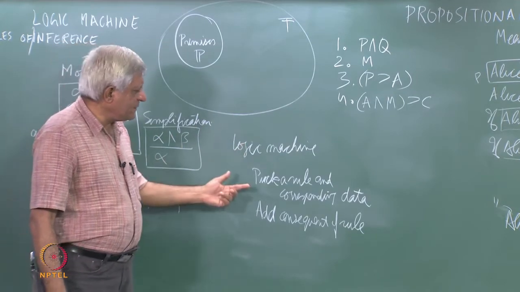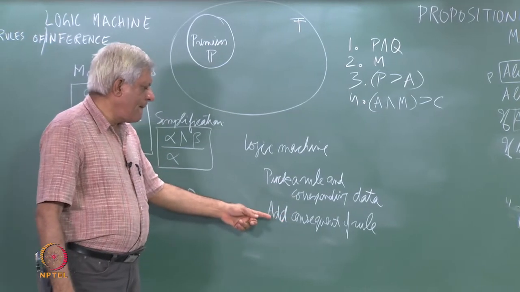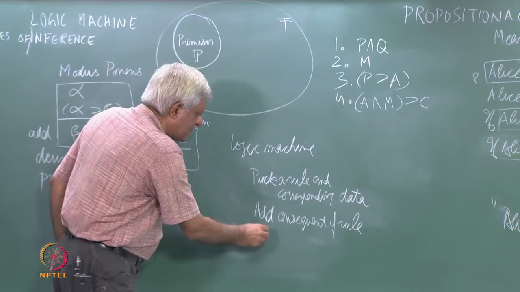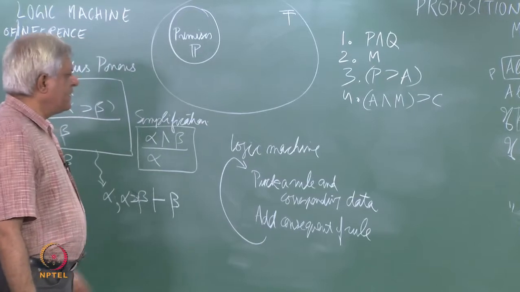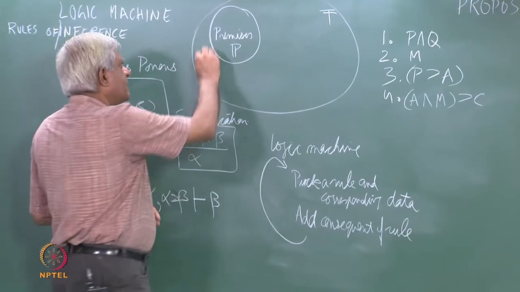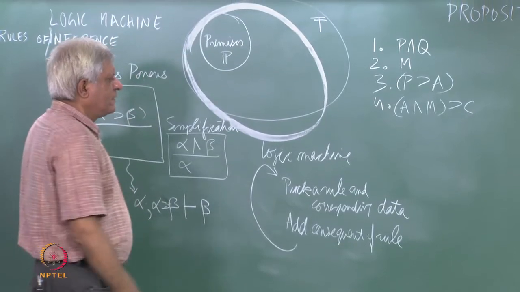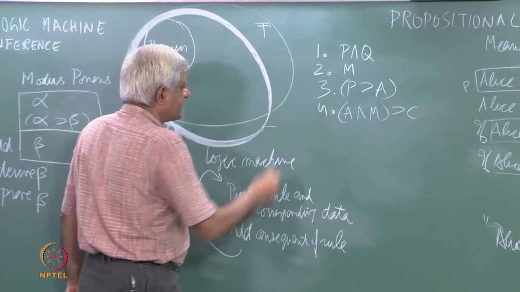So, our logic machinery says pick a rule and corresponding data and add the consequent of the rule, and we put this in a loop, and what this will produce is another set of formulas, which we will call, what should I call this?